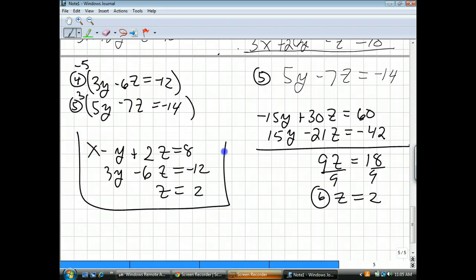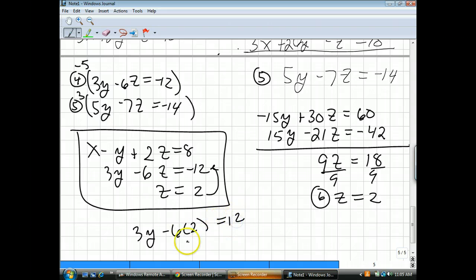Now we have our equation in triangular form, so now we just work backwards. Put 2 into this equation, so we get 3y minus 6 times 2 equals negative 12. So I get 3y minus 12 equals negative 12. Add 12 to both sides. So I get y equals 0.